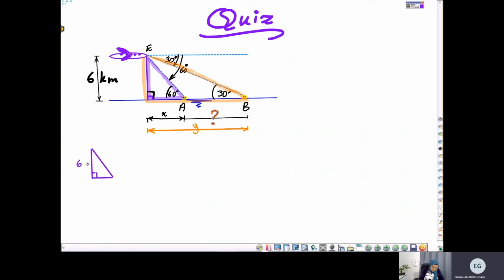Okay, this is 6 kilometers, and this is x, and this is 60. What is the relation between the two sides and the angle? The relation is opposite, adjacent. So it's tan. You will write tan 60 equals opposite over adjacent.